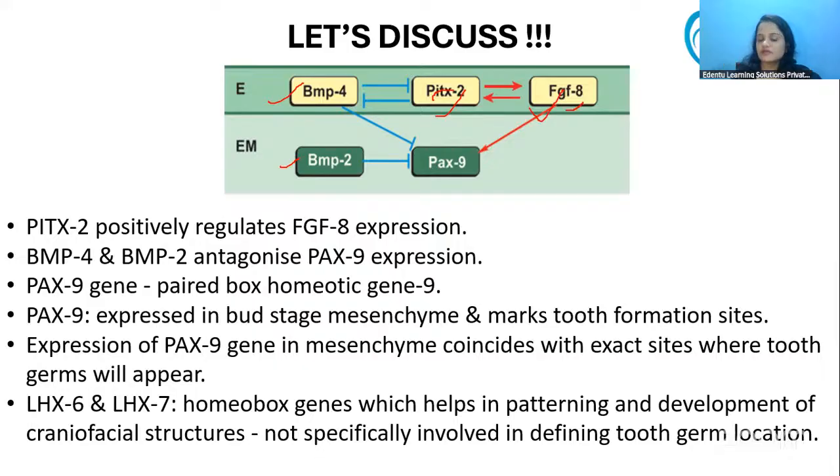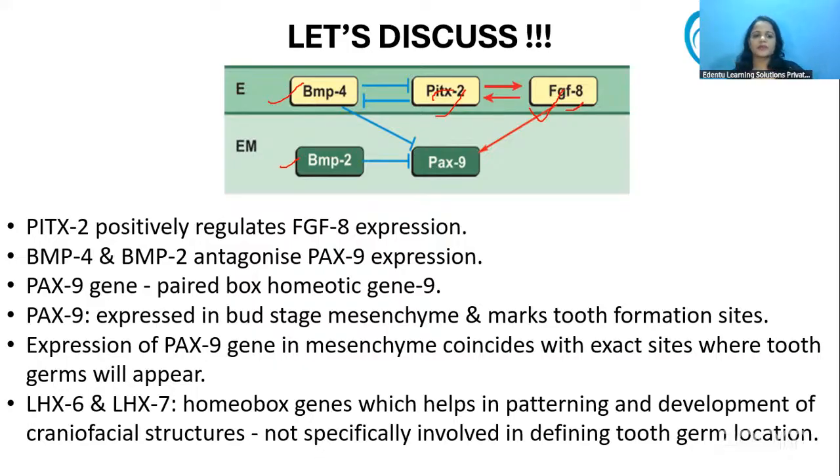When it positively influences only, it can lead to the correct localization of the tooth germs. If it is not positively influencing, or if it is negatively influencing, then the tooth localization process can be aberrant.